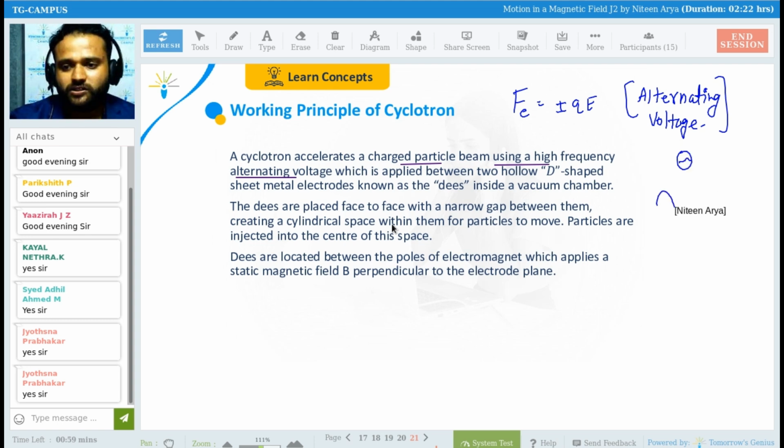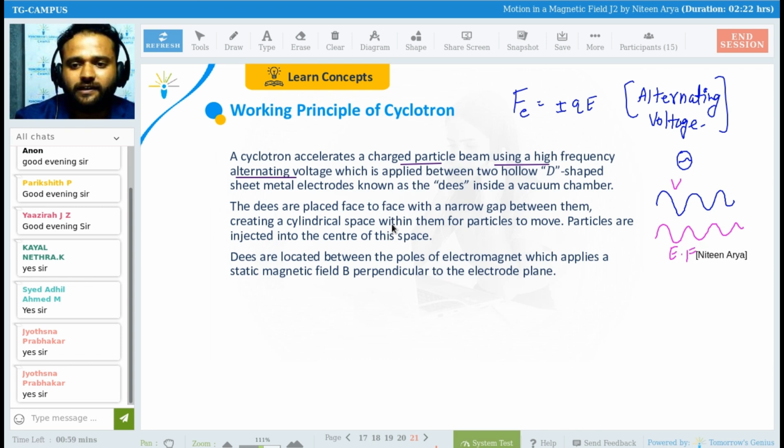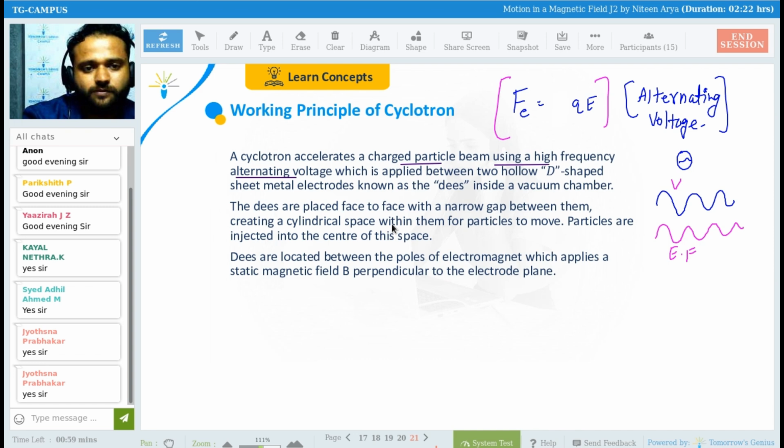So obviously you have an alternating electric field also, and with that, an alternating electric force. When the electric field is positive, the force is positive, and when it is negative, the force is negative. Clear this thing?